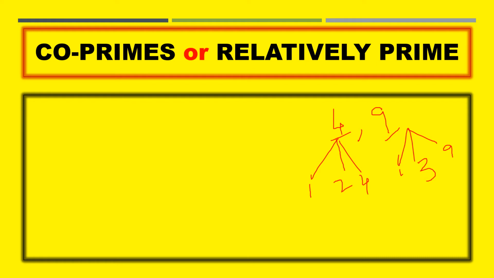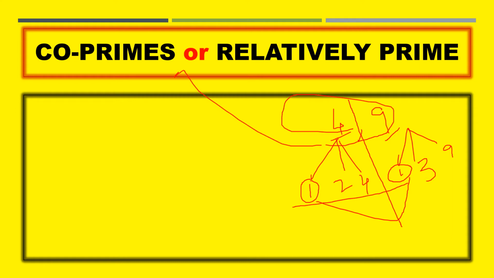You can take prime numbers, composite numbers, or one prime with one composite. Here, the only common factor between 4 and 9 is 1. So if 1 is the only common factor for a pair, such numbers are called co-prime numbers.